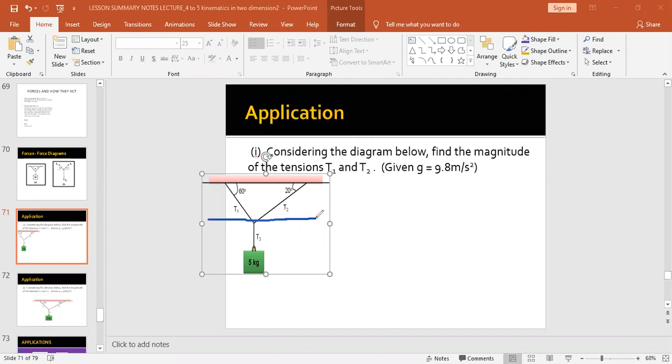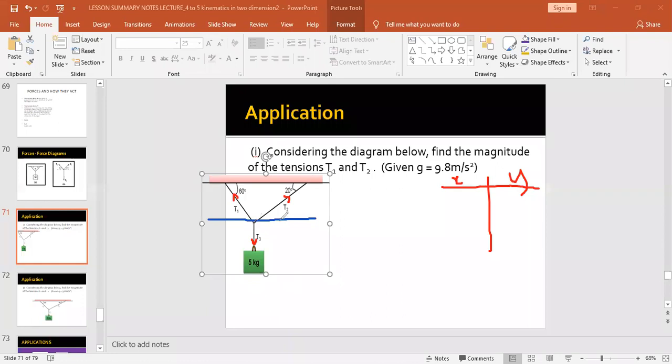Clearly this tells us that these vectors can be resolved. So let's do it this way. Because this tension is acting up, this other tension is acting up, and this other tension too is acting down, we'll first have to split them into x and then y components, and then resolve the individual vectors.